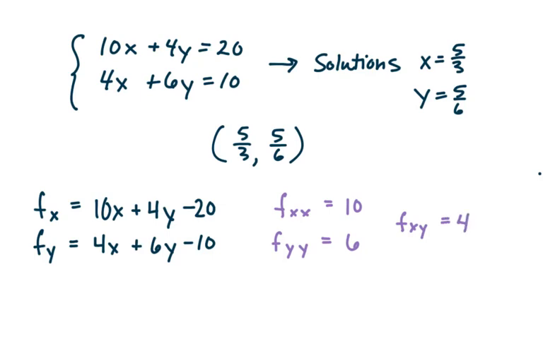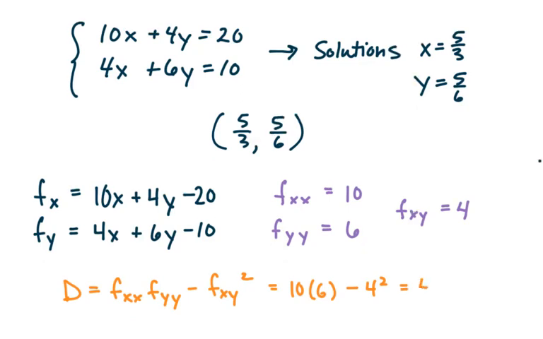So I've got my partials. Now I need my discriminant. The discriminant is fxx times fyy minus fxy squared, or 10 times 6 minus 4 squared, 60 minus 16 gives us 44, which is greater than 0.